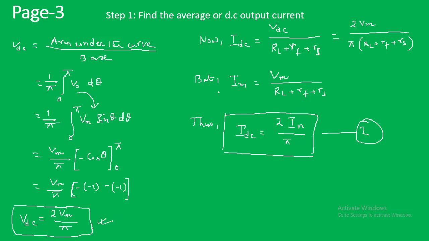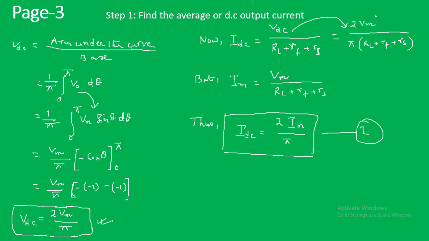Now similarly we can find I_DC. I_DC is V_DC divided by all the resistors in the circuit. We have found V_DC as twice V_m by pi, and we substitute this value here.